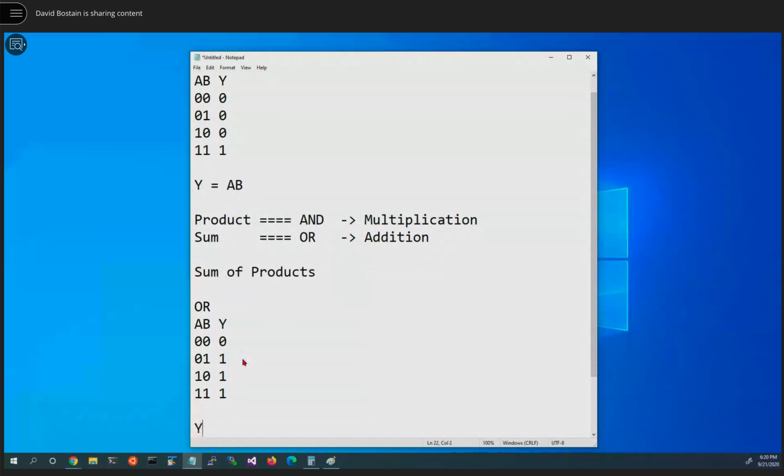This particular equation says Y is equal to A or B. Now it turns out that this is sensitive to zeros. Notice that it's always true, but the only time something peculiar happens is when both of the inputs are 0. And that has some bearing on things.